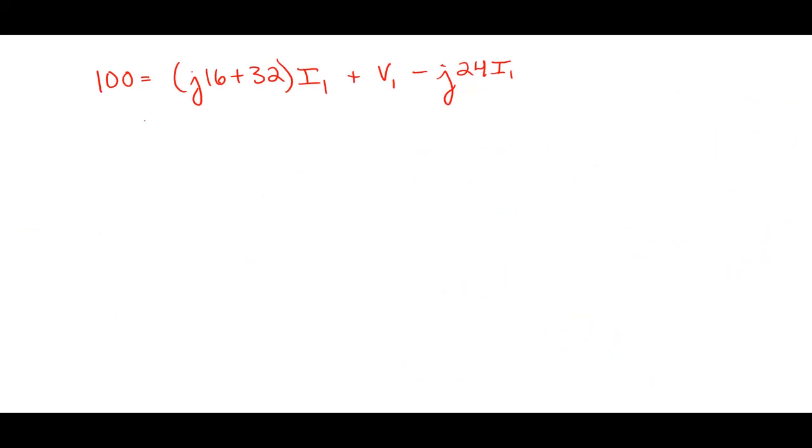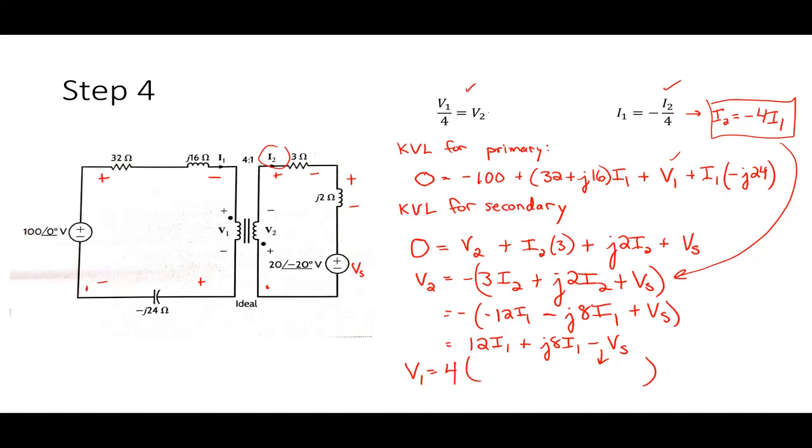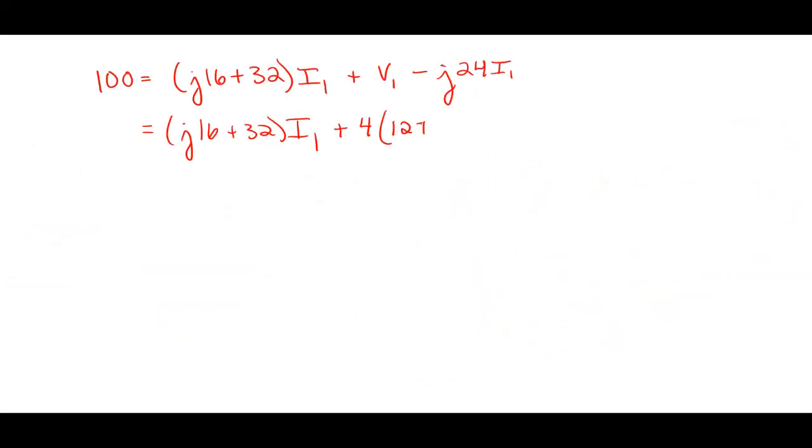So what I do now is I plug in j16 plus 32 times I1 plus V1 is 4 times the relationship we had previously for V2, which is 12I1 plus j8I1 minus Vs, okay, minus j24I1. Now, Vs was 20 with an angle of negative 20 degrees, okay?